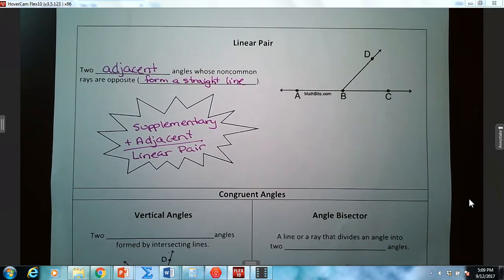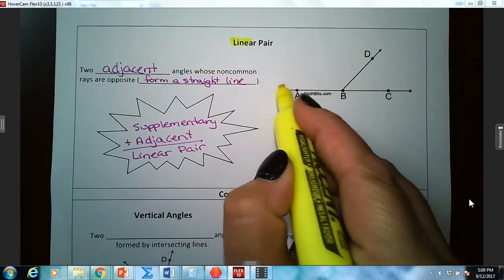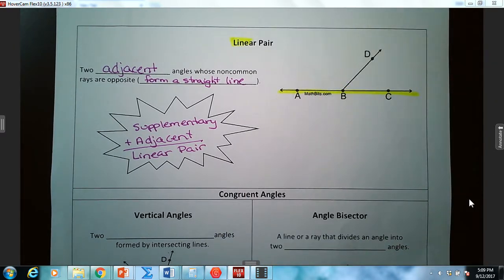If you've got a set of supplementary angles that are also adjacent to each other, they form a linear pair. Another good way to remember this is linear has the word line in it, and they form a straight line. Two angles that are adjacent that form a straight line are a linear pair.